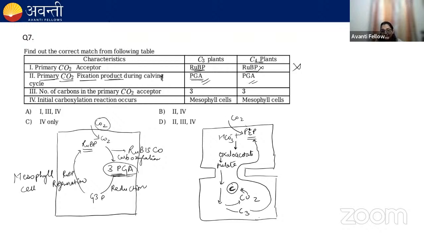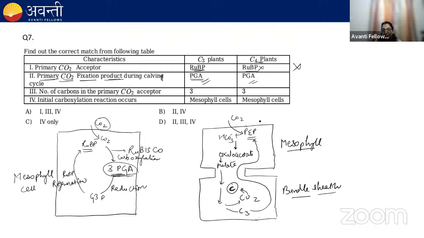See, in C4 plant we know that they have Kranz anatomy. The Calvin cycle also takes place in C4 plants. Remember this very important point where many students get confused.